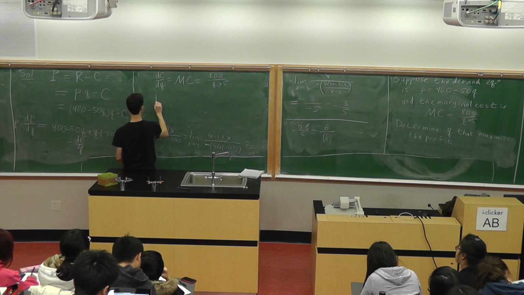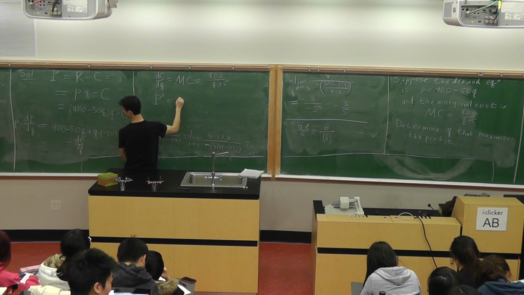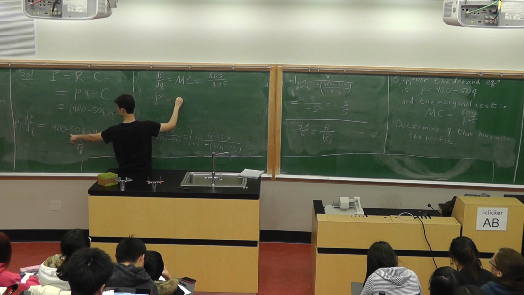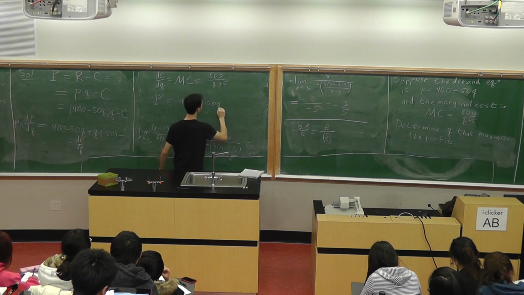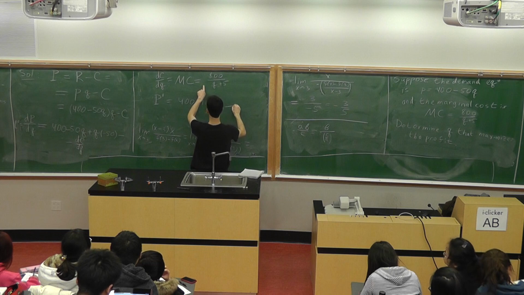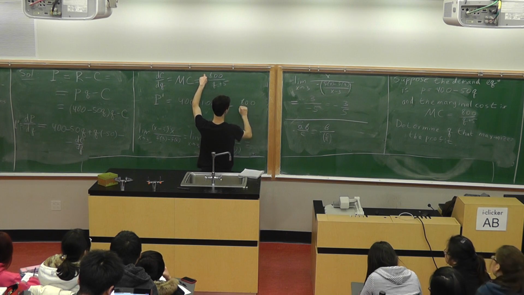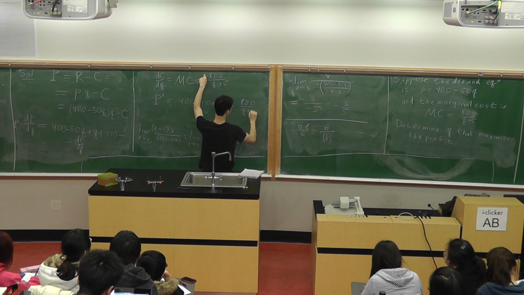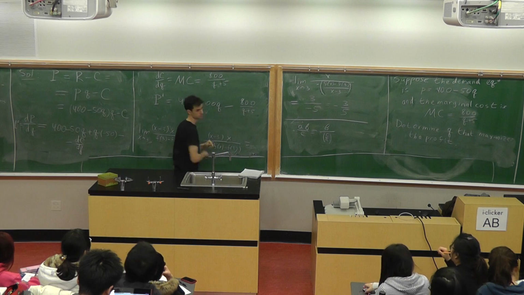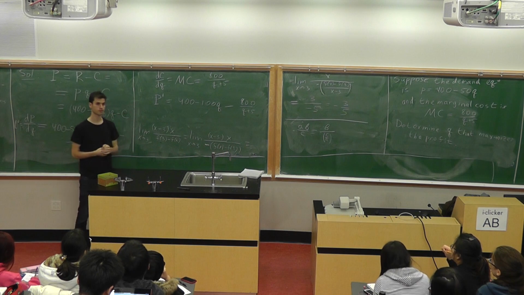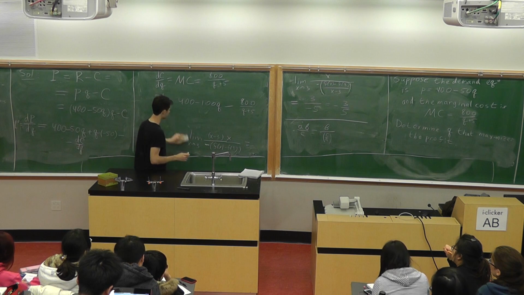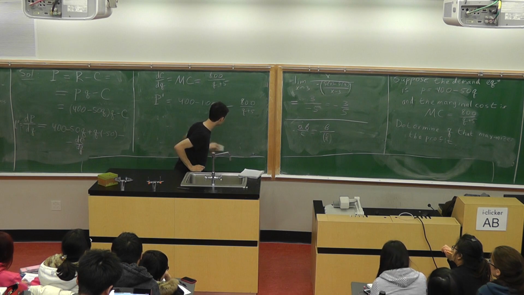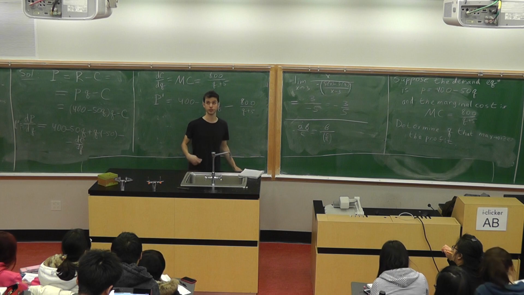So we can write P prime is 400 minus 100Q minus 800 over Q plus 5. And now we must maximize the profit. We know the derivative. We find the critical points.